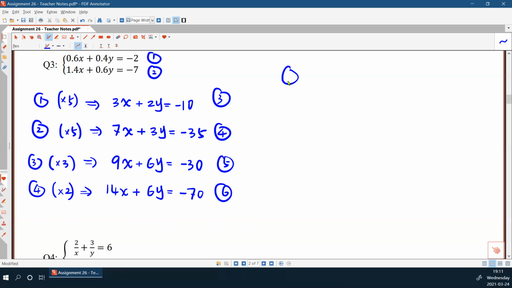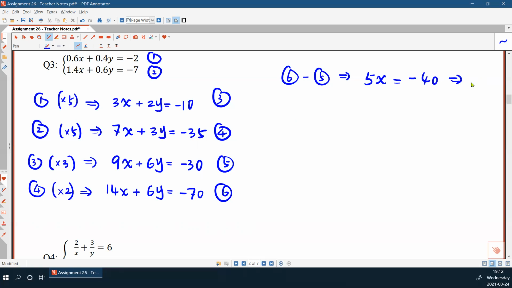And then we can use number 6 subtracted by equation 5. This will give us 5x, right? Because 6y is subtracted by 6y, and this is cancelled. 5x is minus 70 plus 30, which is minus 40, right?